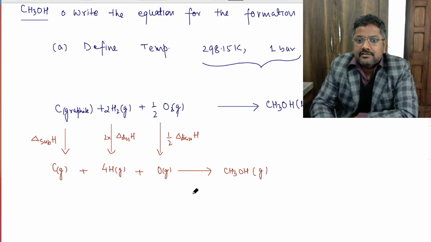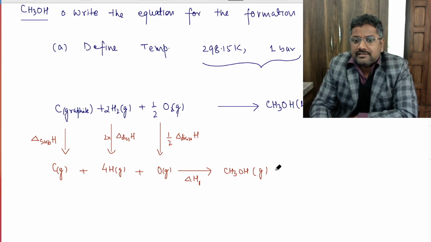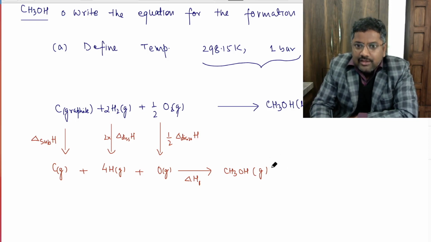CH3OH gas. In this step some energy will change. That is not the formation. Still this is not formation. This is something else, delta H1 gas. Now from this gas, some cooling is there.